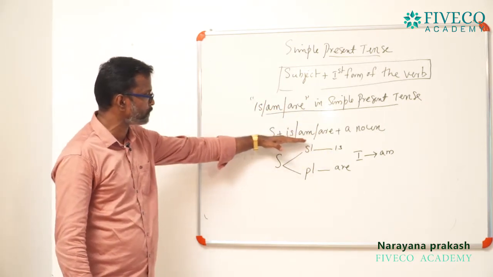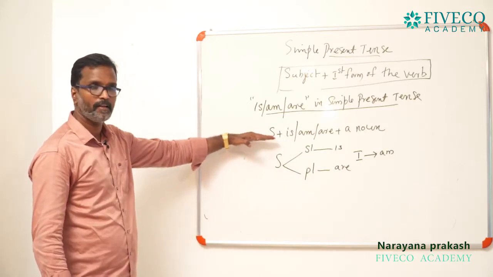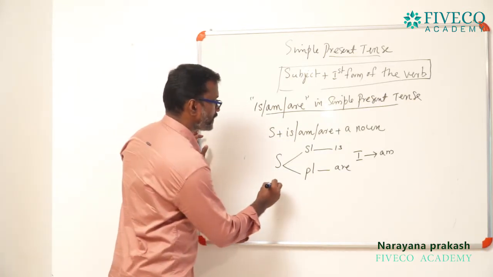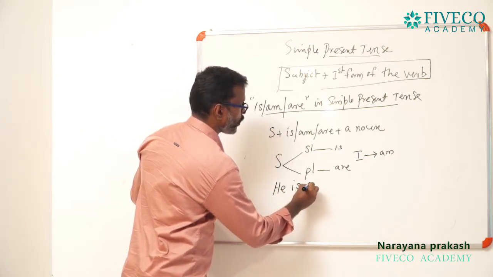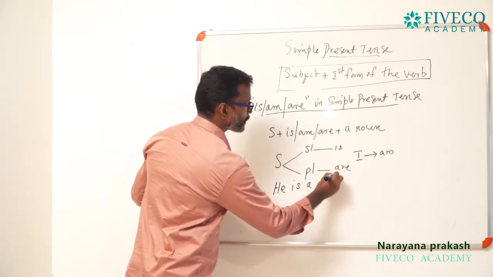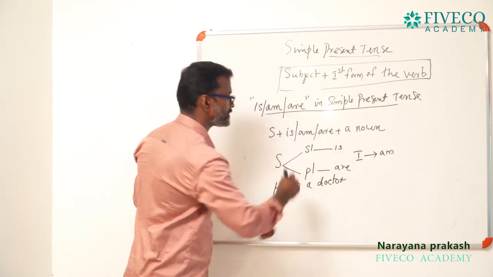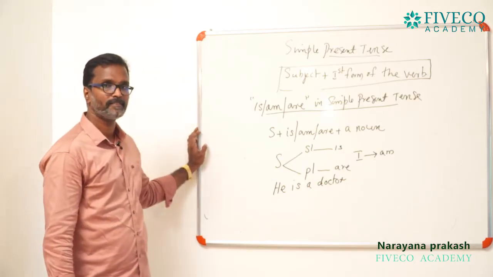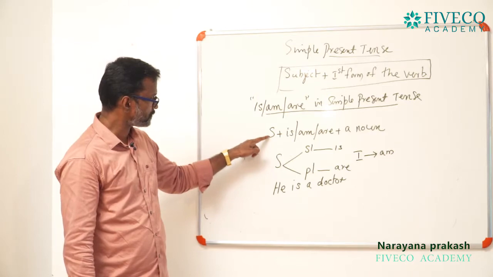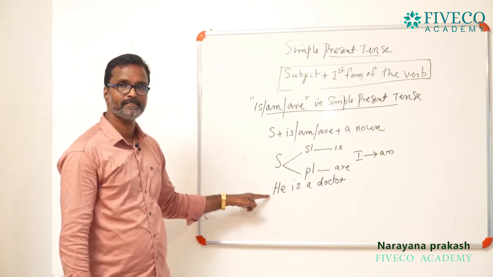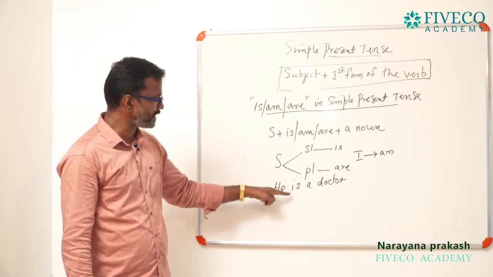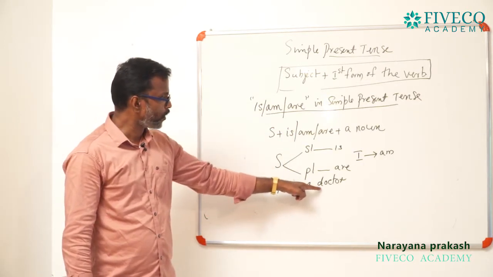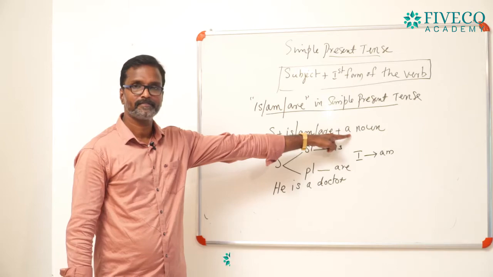I already explained this formula, and you can write that he is a doctor. See what a beautiful sentence it is. He is a doctor. He, what kind of subject is it? A singular subject. That's why we selected is, and a doctor is a noun.